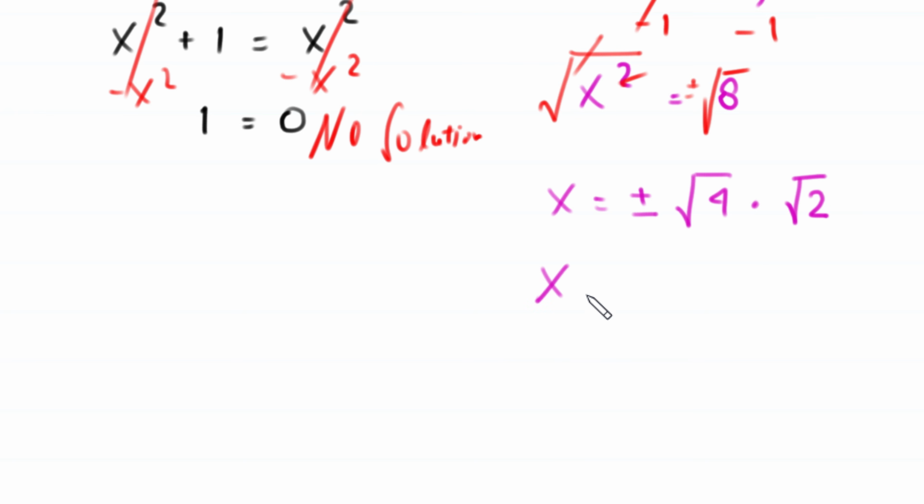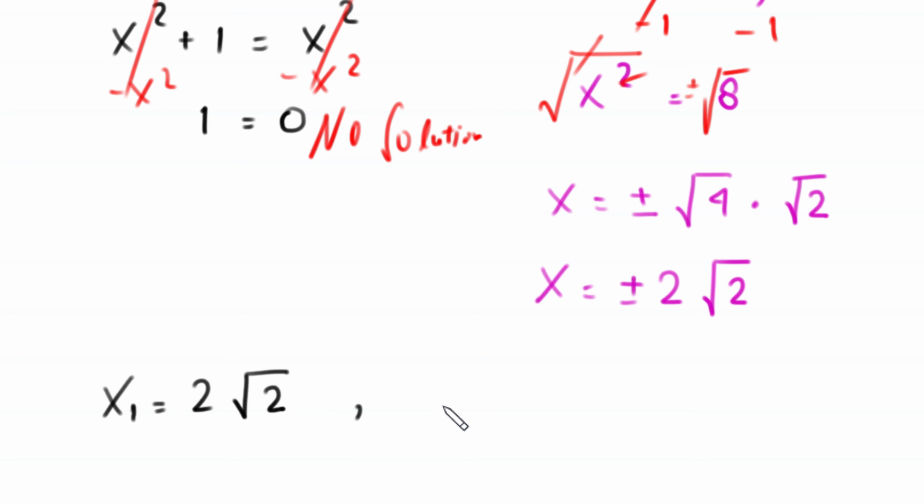So x is equal to plus or minus 2 times root 2. It means that we get two solutions for this equation: x1 is equal to 2 times root 2, and x2 is equal to negative 2 times root 2.